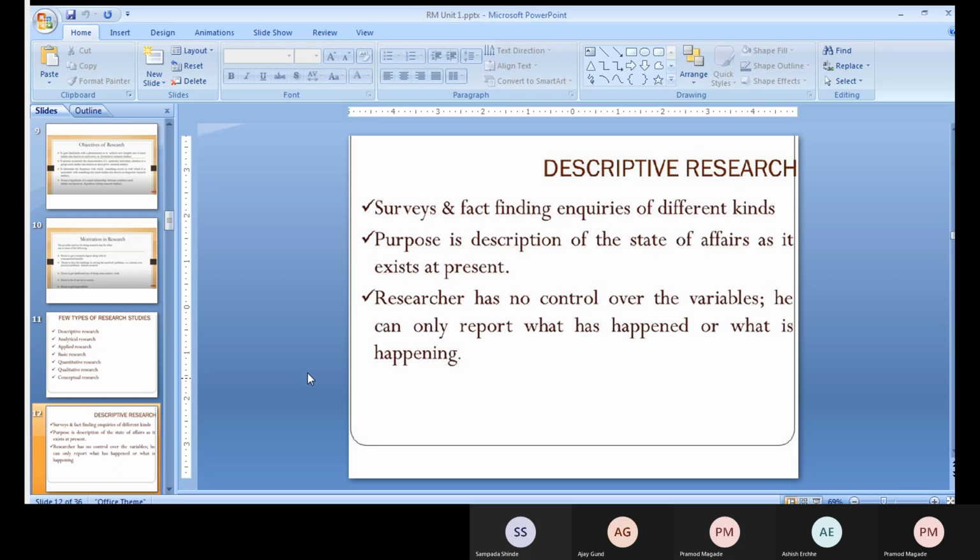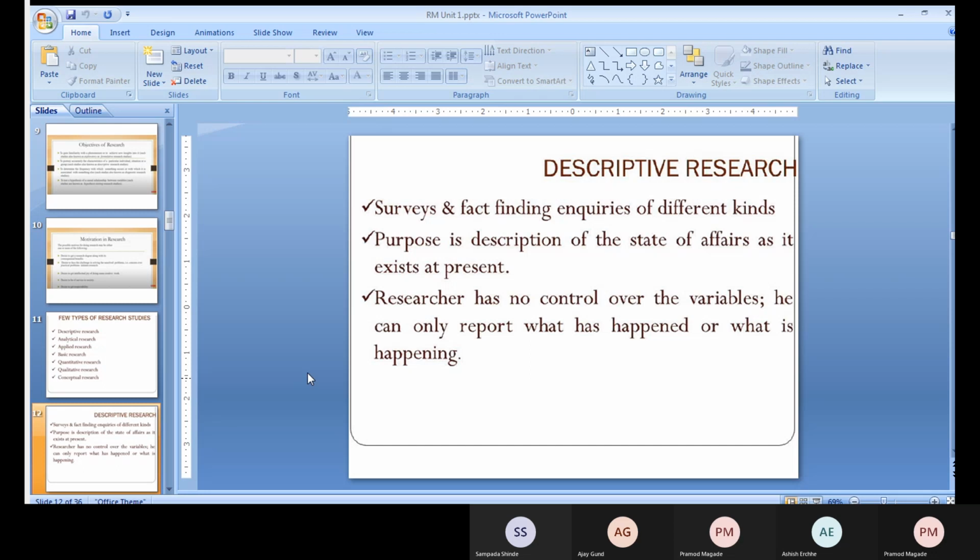That kind of finding we can call descriptive research. And third, they have mentioned, the researcher has no control over the variables. He can only report what has happened and what is going to happen.